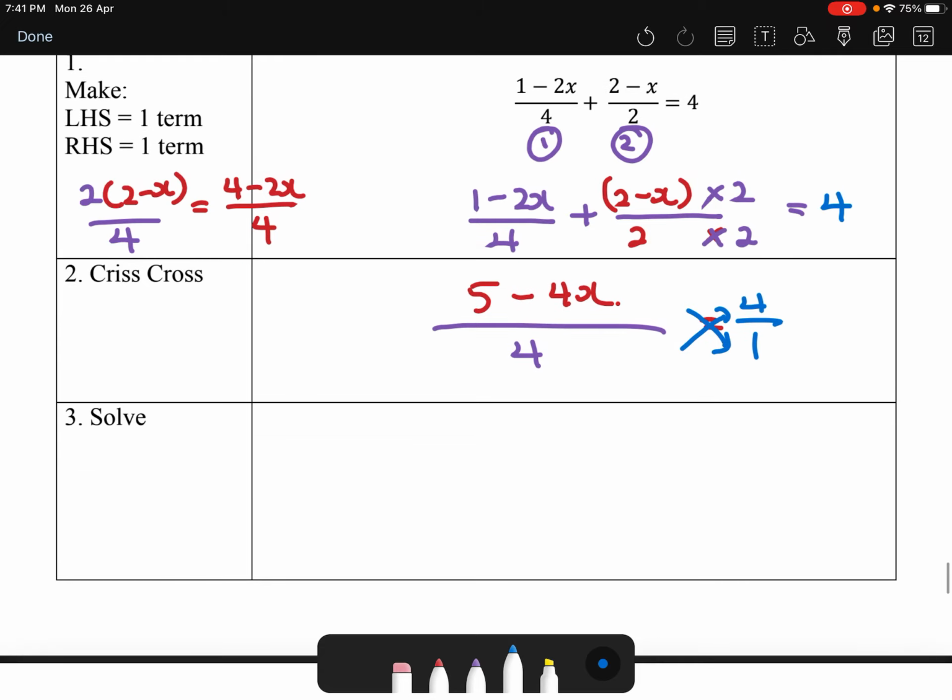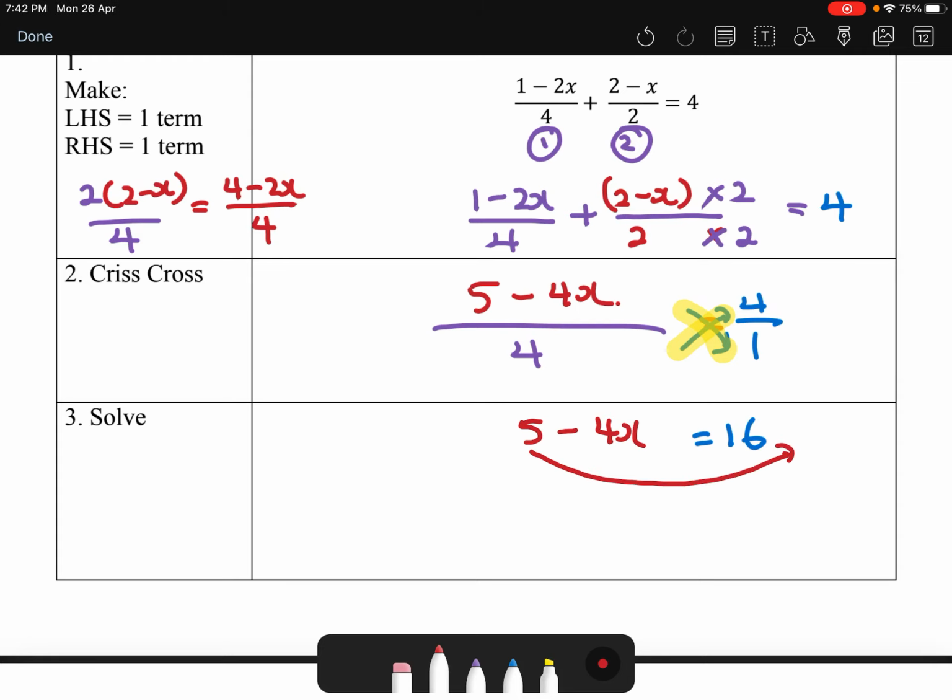After crisscross, each arrow represents times. So 4 times 4 is 16. You can put it on the right hand side. Then for the 5 minus 4x times 1, you just follow the arrow. So it's just 5 minus 4x. So just manipulate accordingly.